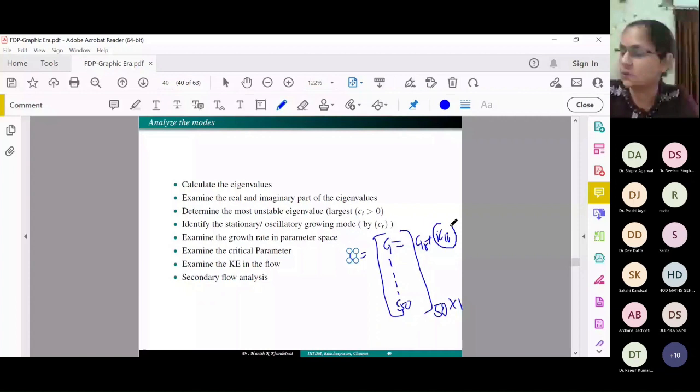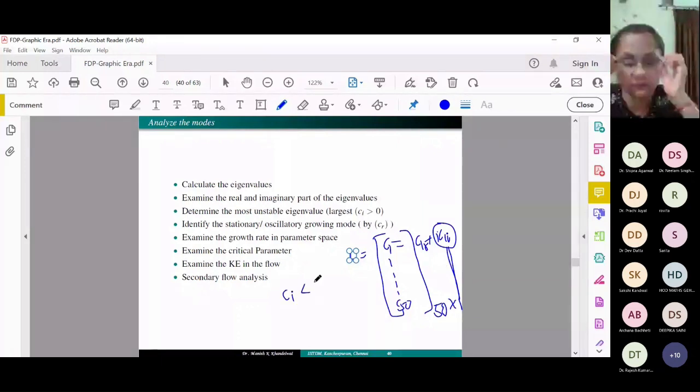So for each eigenvalue we see the sign of Ci. That is the interesting thing. Suppose out of 50 eigenvalues, 30 have a negative Ci and 20 have Ci greater than 0.